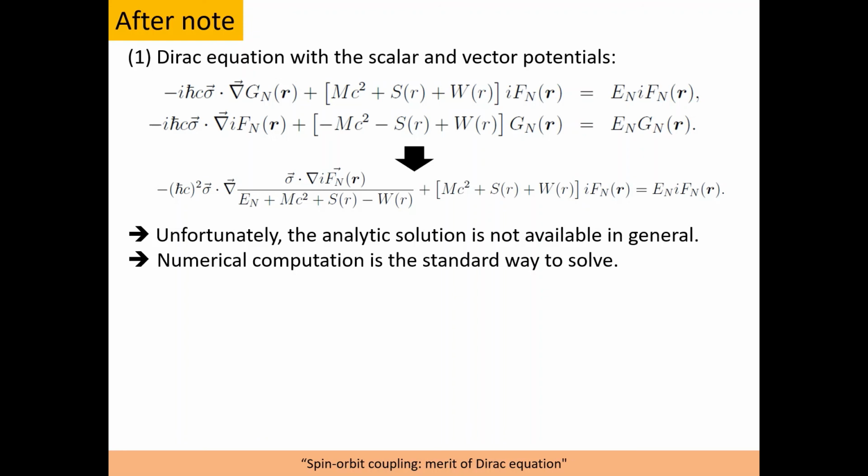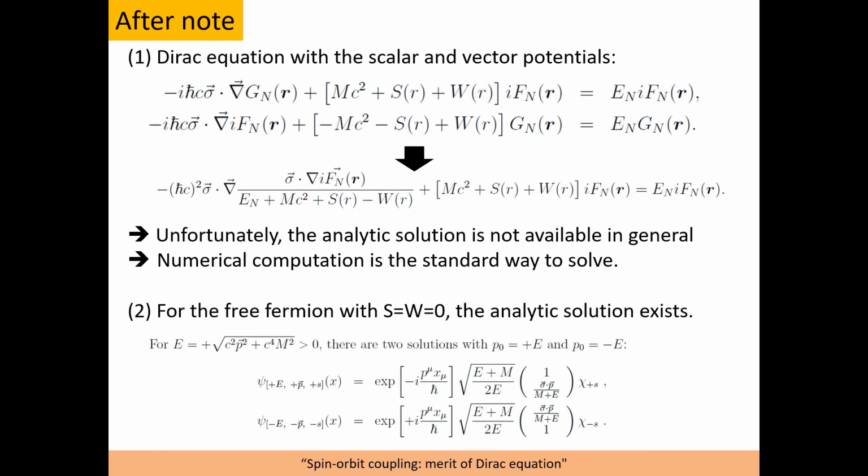In that case, numerical computation is the standard way to solve this equation. Second, for the free fermion with S and W potentials equal to zero, an analytic solution exists. Here I just give the form of the final solution, and there are two solutions for positive and negative energies.